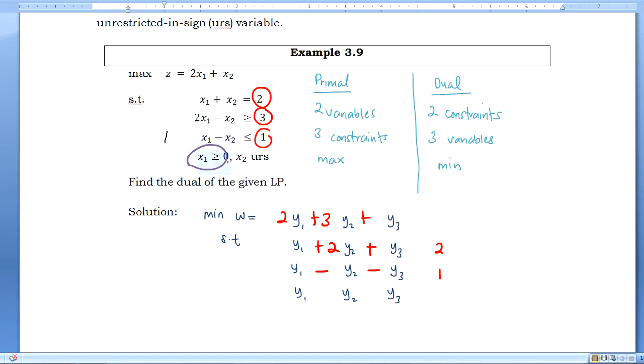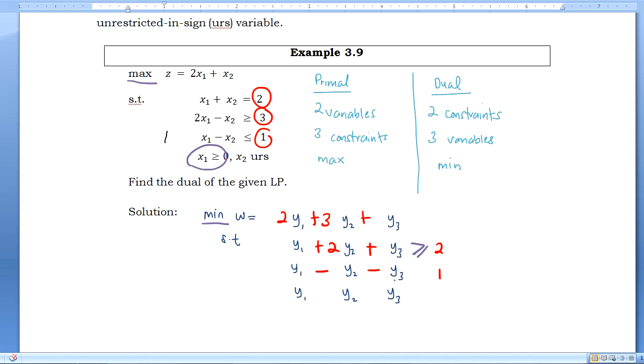A non-negative variable satisfies the requirement of the normal problem. Therefore, the sign of the first constraint also satisfies the sign of the normal minimum problem. The sign of the normal minimum problem is greater than or equal to.